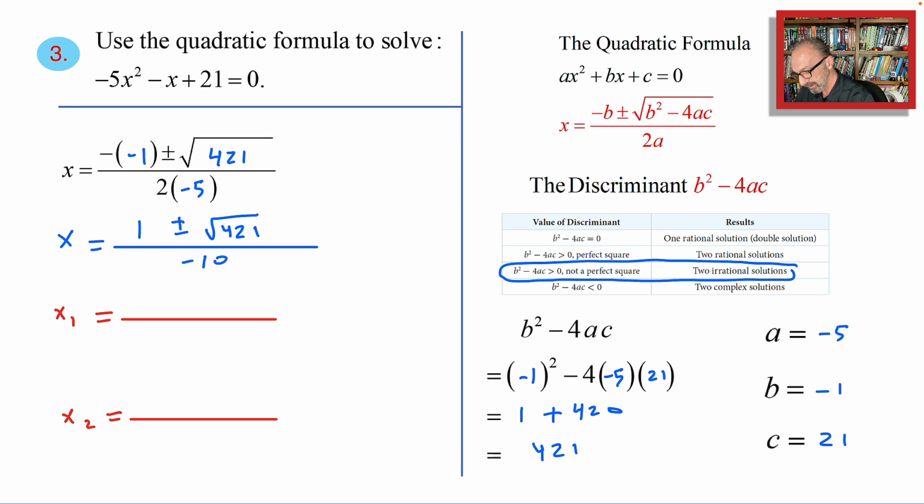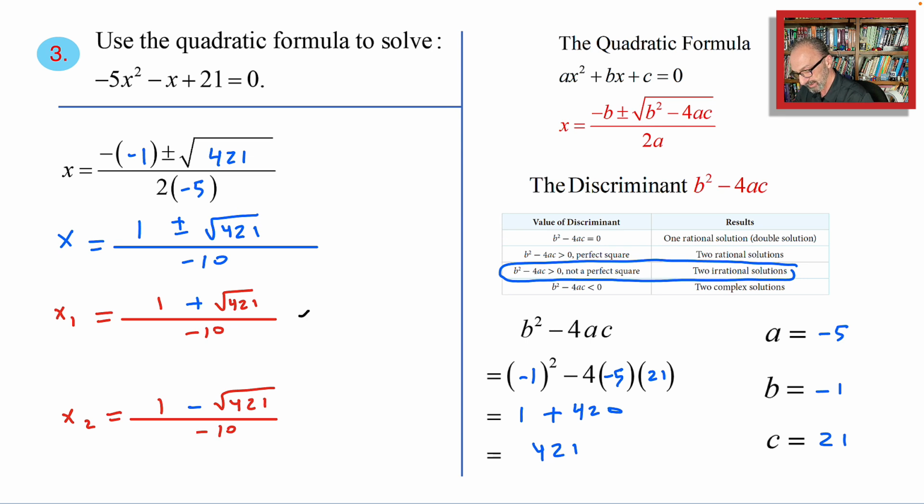So I have 2 options, either plus or minus. That's 1 plus square root of 421, and 1 minus square root of 421 over negative 10.